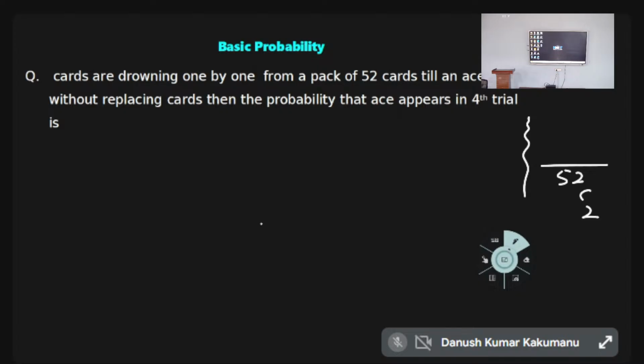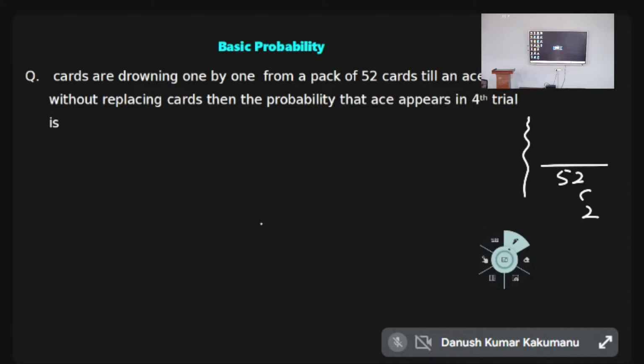Means to get a success in the fourth trial, the first three trials he failed. Is it right or not? I have to carry three failures before I write a success in the fourth trial. Every time, this model of questions you have to follow like this only.